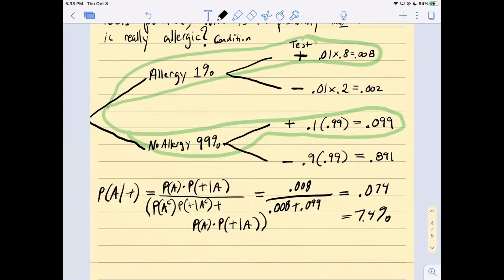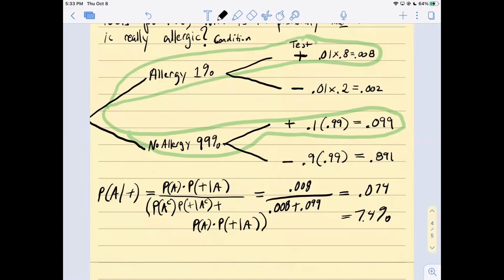Okay, good. So do you see that the denominator is like out of the entire global population? If you gave the entire global population this test, what was it? About 1.07% of people would test positive if you gave everybody the test.